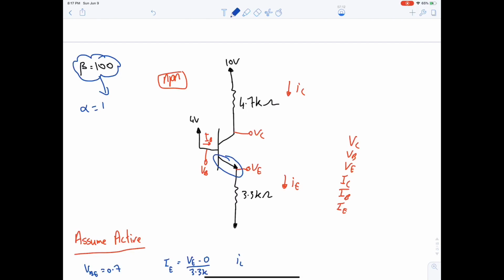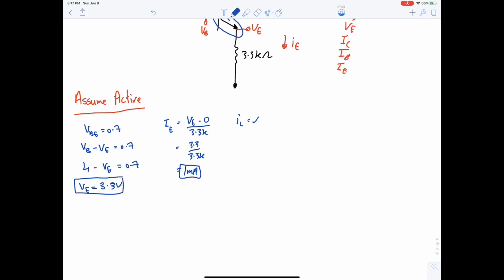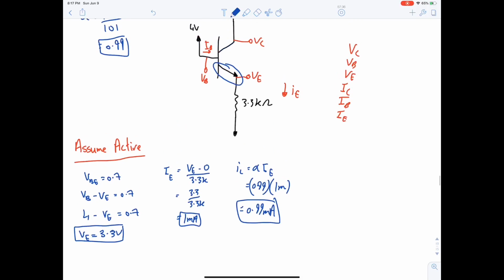This means alpha is equal to 100 over 101, giving us 0.99. Okay, so IC is equal to alpha IE, 0.99 multiplied by 1 milli will give us 0.99 milliampere. Great. So IE, IC are known now. VE, VB is known also.